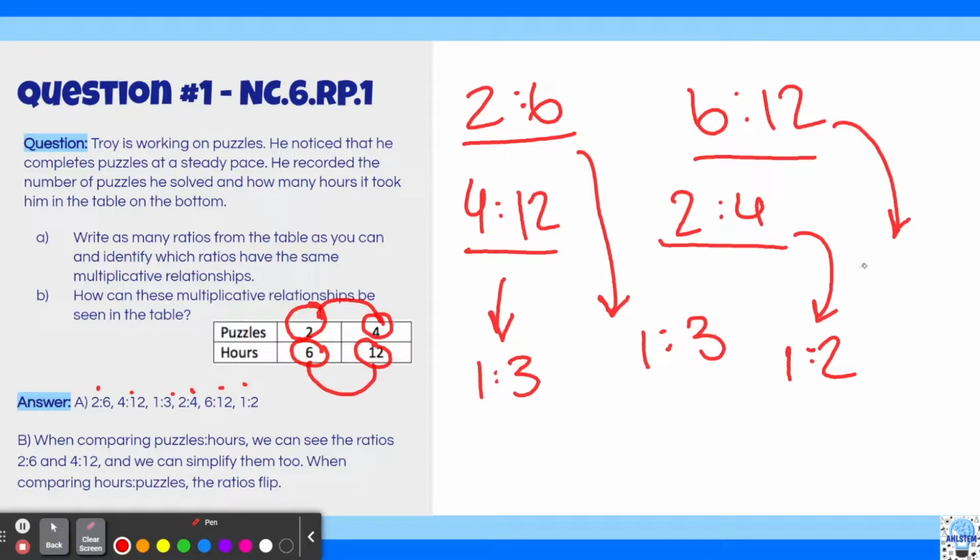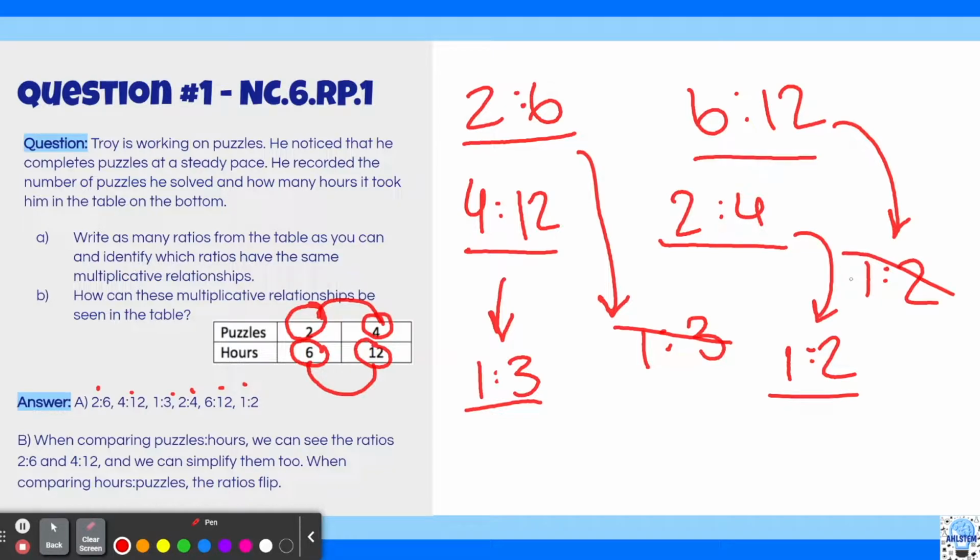And 6 to 12 is also 1 to 2. So we can have a total of 6 different ratios. And I crossed out these two because they have duplicates of themselves. So it's unnecessary to have 2 of the same ratios. Okay? So the total ratios we have is 6, and that adds up.